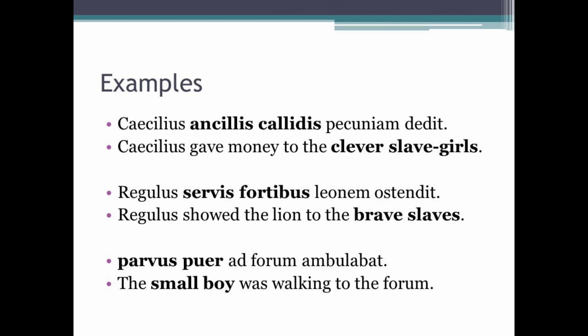Parvus puer ad forum ambulabat. The small boy was walking to the forum. And notice in the bold adjective and noun pairs that the ending isn't always the same, but the adjective still describes its noun.